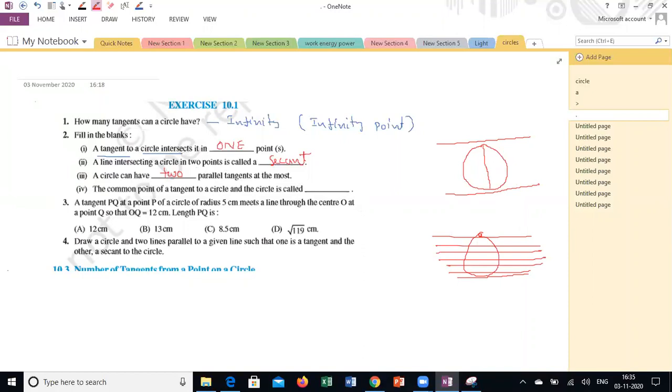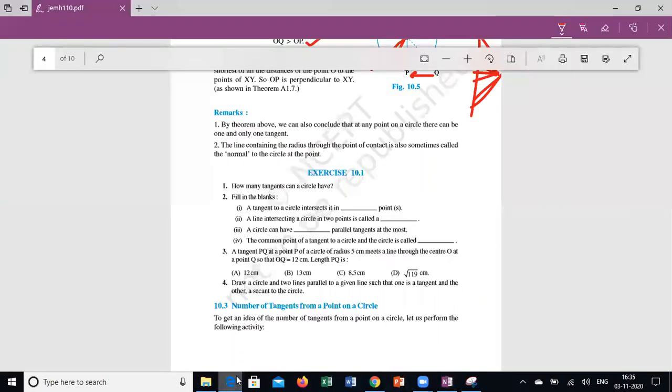The common point of a tangent to a circle and the circle is called what? What is the common point? This point is called what? Point of contact.